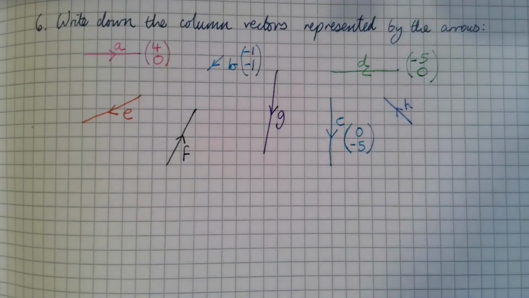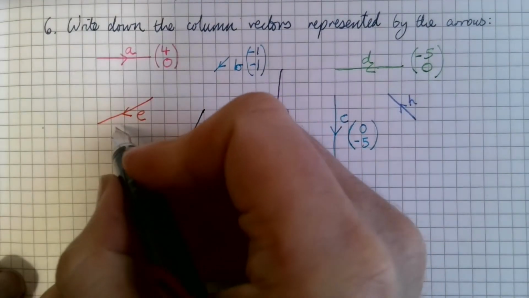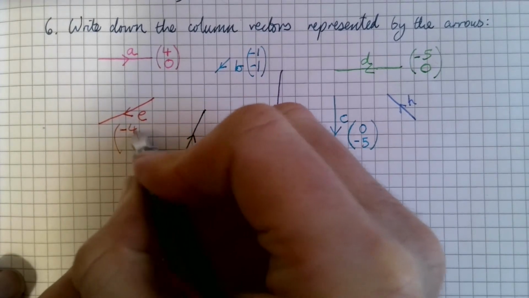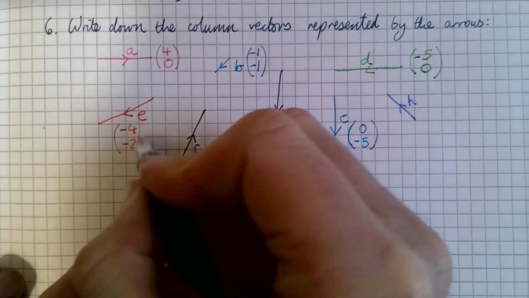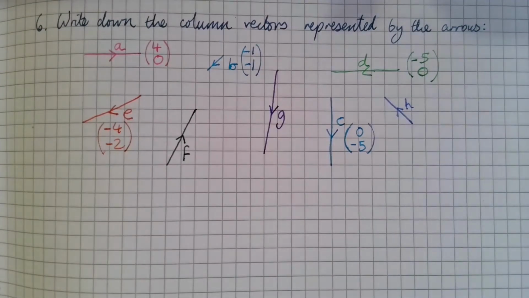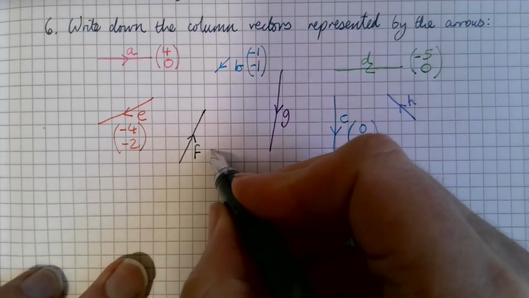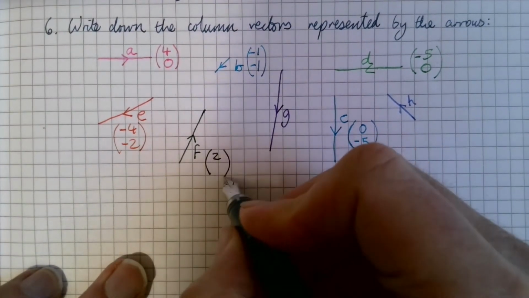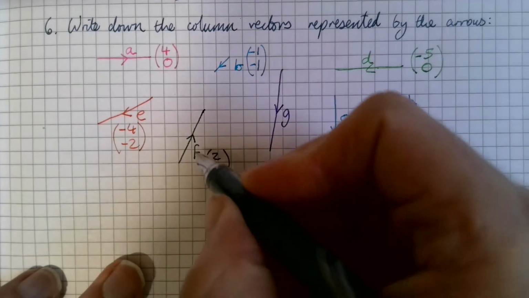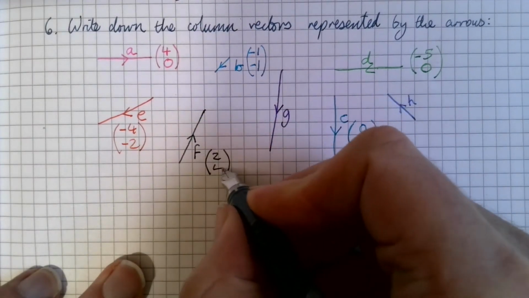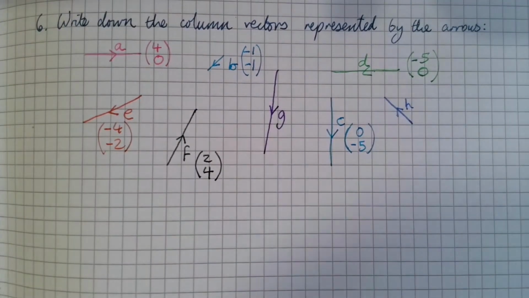E is going 1, 2, 3, 4 to the left and 2 down, so that's -4 and -2. In the F we're going 2 across, so that is to the right, so that's +2, and we're going up 1, 2, 3, 4, so that's also positive and 4 this time.